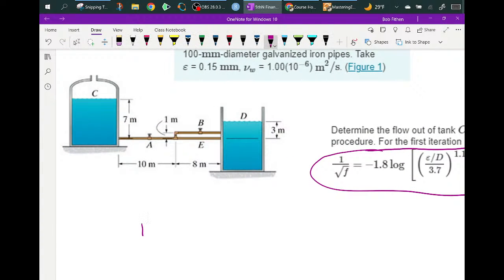So here's your deal. He tells me here and he tells me here, so I'm going to go between here and here.